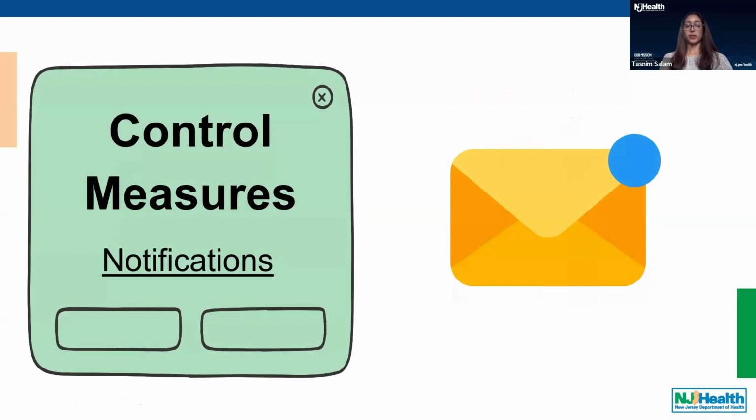Another way that we can prevent further spread of norovirus is by sending notification letters to parents, guardians, and staff. Notification letters help to keep the childcare or school community informed about a potential or confirmed outbreak by listing out which prevention steps to take, providing background on the illness, noting which symptoms are specific to norovirus, and how the illness can spread.